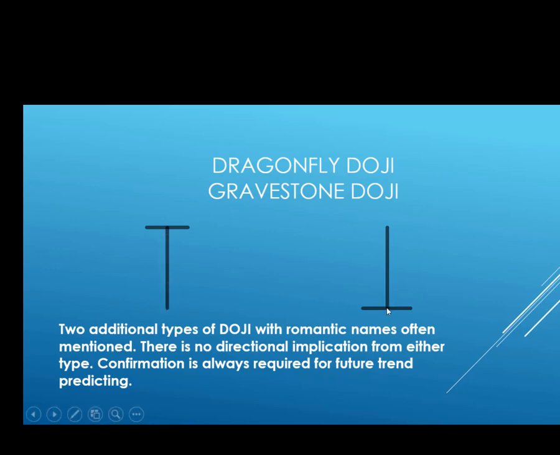And in this case, we have the opening and closing here, with a very long shadow or candle wick going up. This is a possible bearish indication, and this is a possible bullish indication. We're not sure, because once again, dojis are ambivalent. Confirmation is always required for future trend predicting. Remember that. We want confirmation.